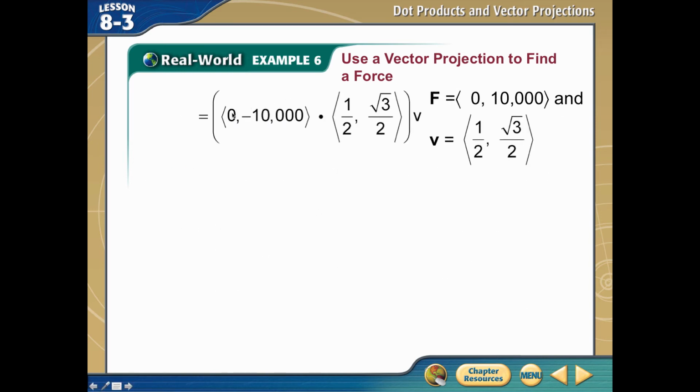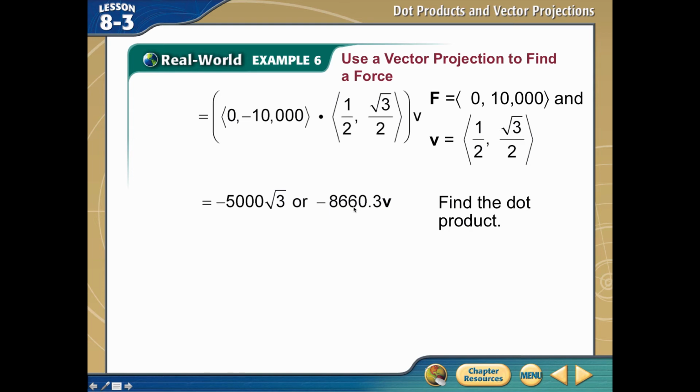So 0 times 1/2 is going to be 0. Negative 10,000 times square root of 3 over 2 is negative 5,000 square root of 3, or negative 8,660.3 times that unit vector.